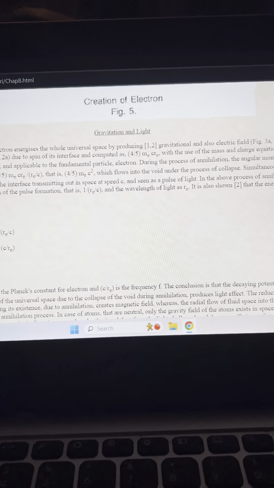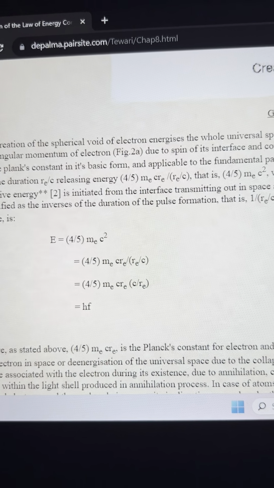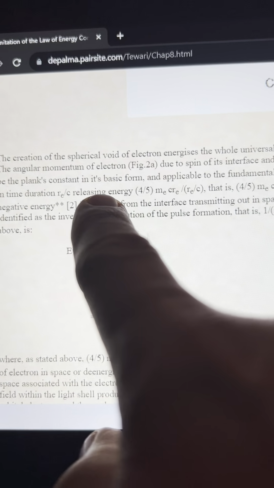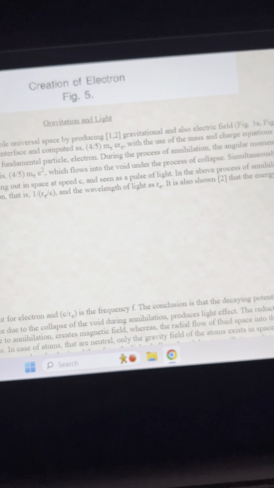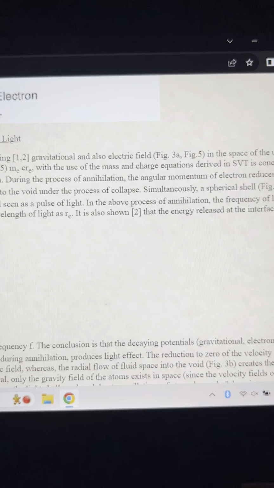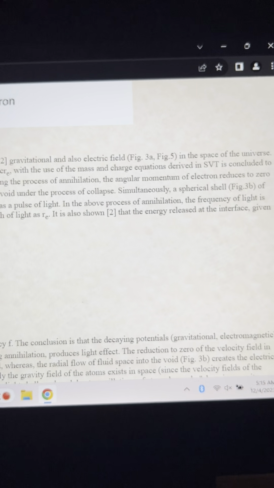During the process of annihilation, the angular momentum of electron reduces to 0 in time duration R_e/c. I'm just going to show this and not read it, the equations. Releasing energy, that is, which flows into the void under the process of collapse.